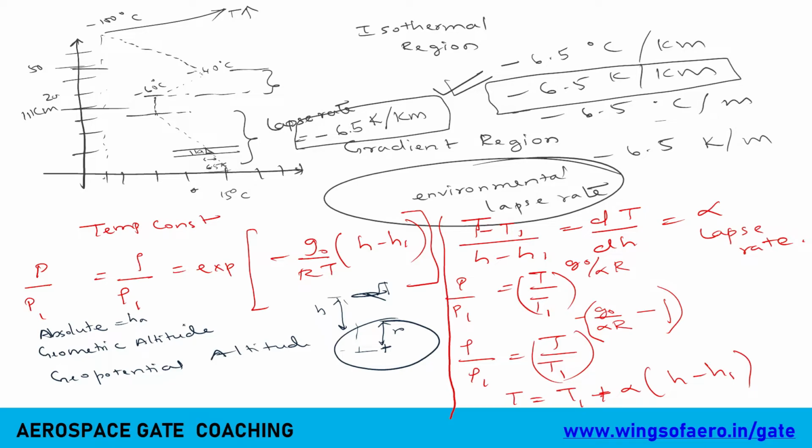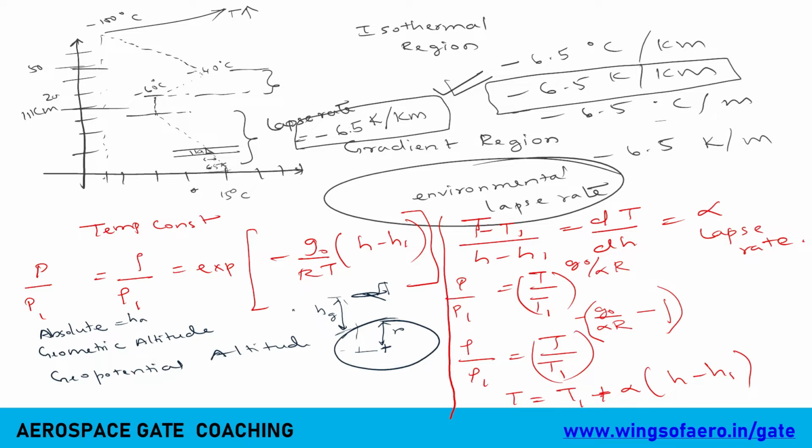It is from mean sea level. It's the distance from the sea level. Suppose this is the earth surface or the sea level, so that is referred to as geometric altitude. Now why do we use mean sea level?